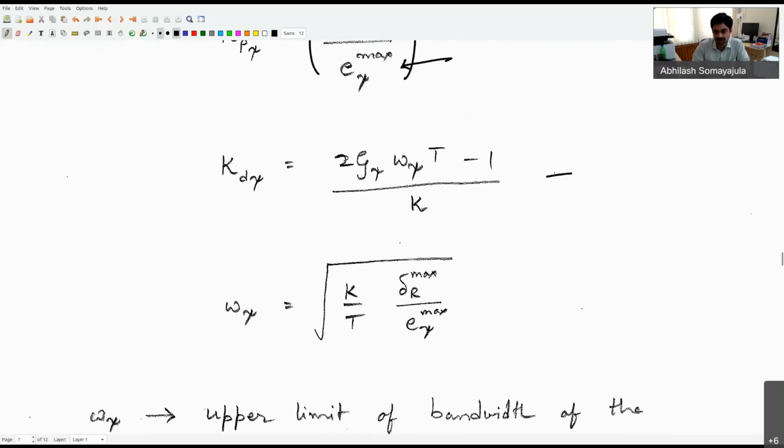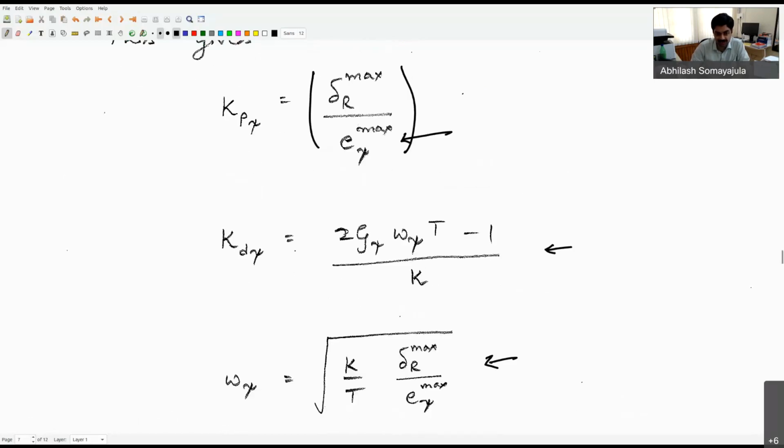We can figure out the derivative gain and the e psi max value for a specified natural frequency and a specified damping ratio zeta.